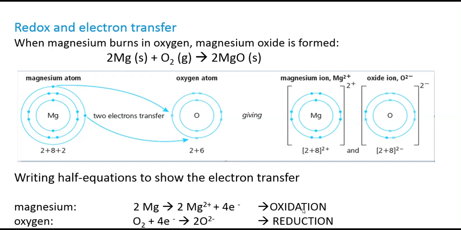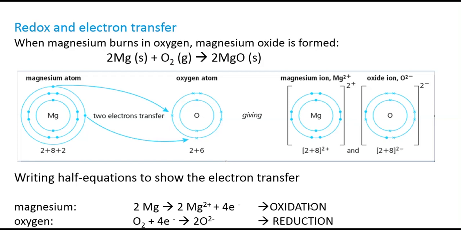This is an oxidation reaction because 1 magnesium loses 2 electrons, and 2 magnesium lose how many electrons? That is 4 electrons. When an atom becomes a positive ion, it loses electrons.